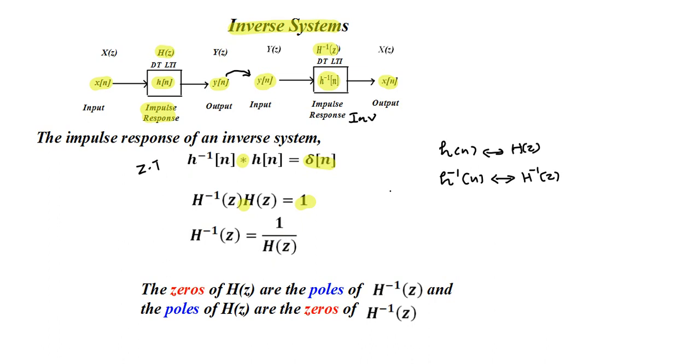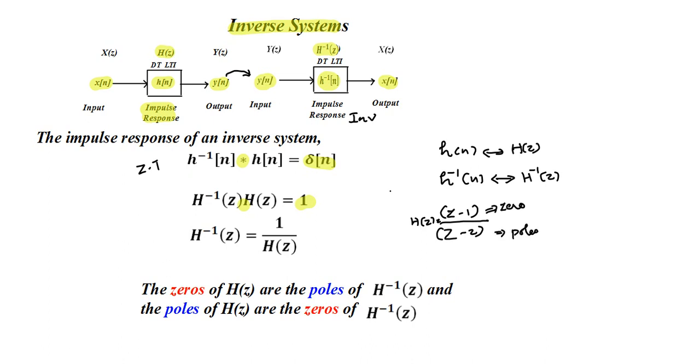And we'll get some points. If you take the inverse, the zeros of h of z are the poles of h inverse of z, because we are taking 1 by h of z, so zeros and poles will be interchanged. If you write any rational function, for example z minus 1 divided by z minus 2, and this is the transfer function, the numerator roots are known as zeros, and the denominator roots are known as poles.